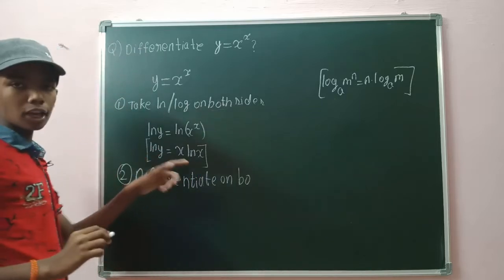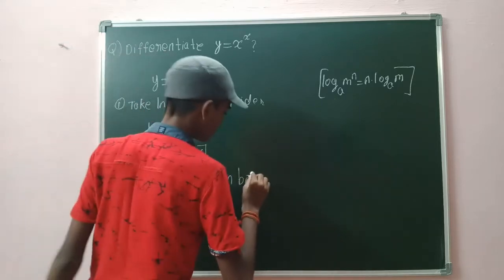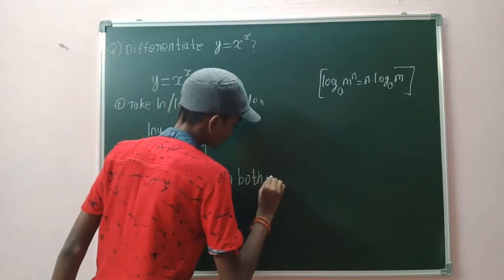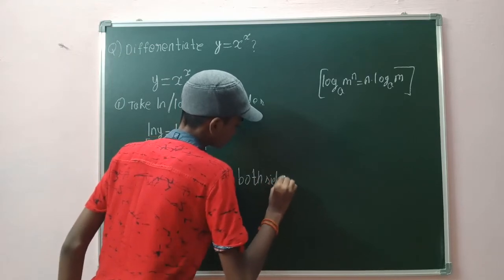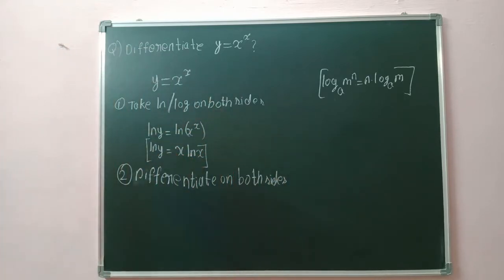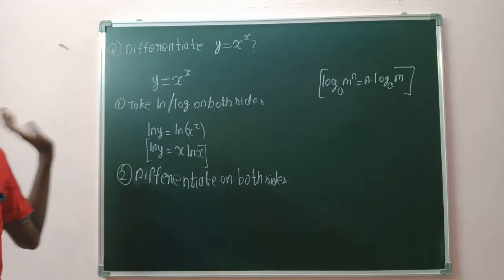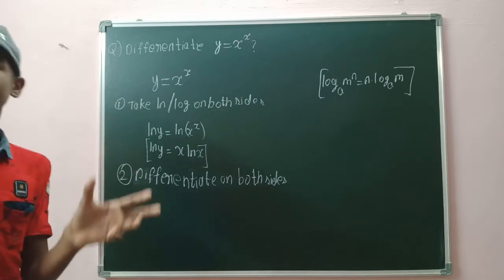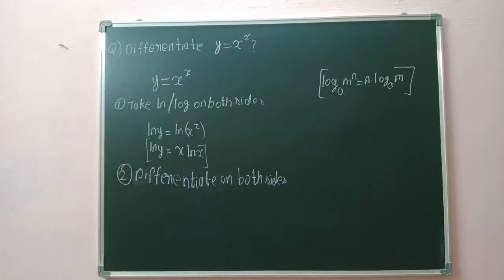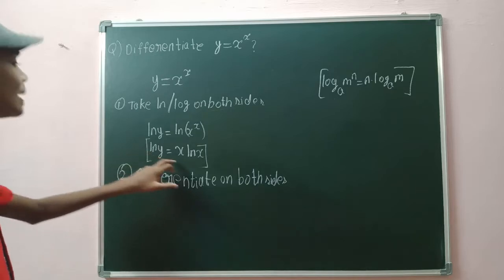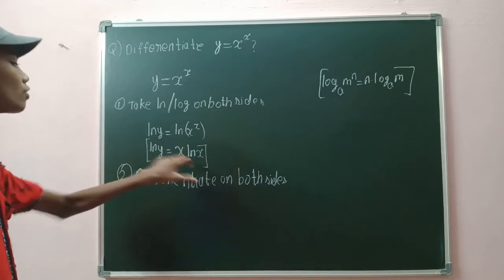I am talking about this equation. So differentiate on both sides, and that's the second step, and this is the final step. It's such a simple one, but you must be careful about it. So now I need to take the derivative on both sides of the equation.